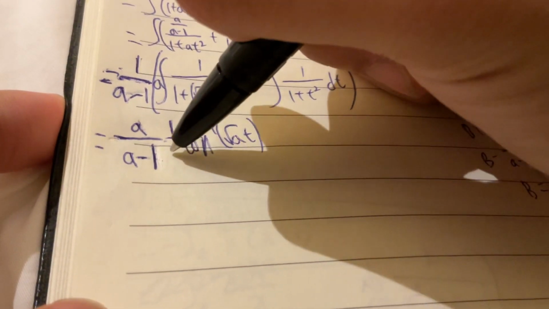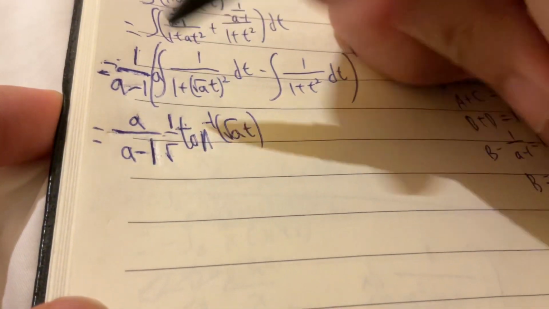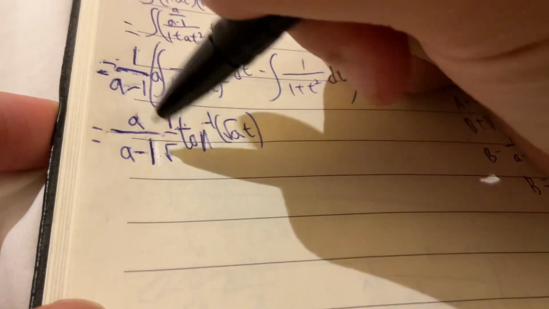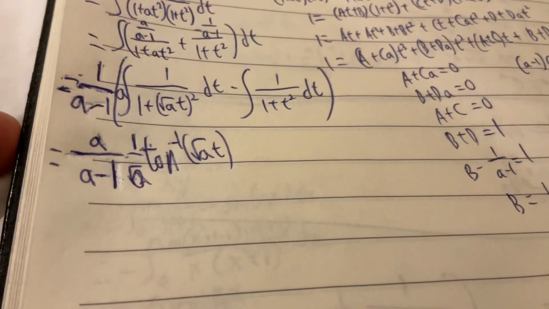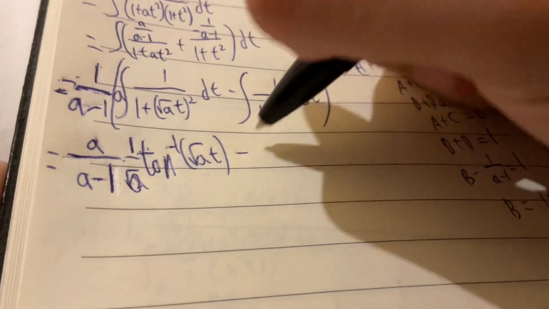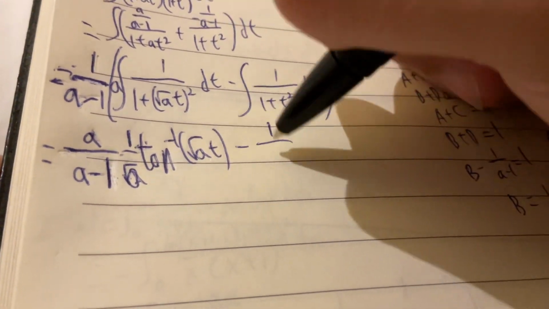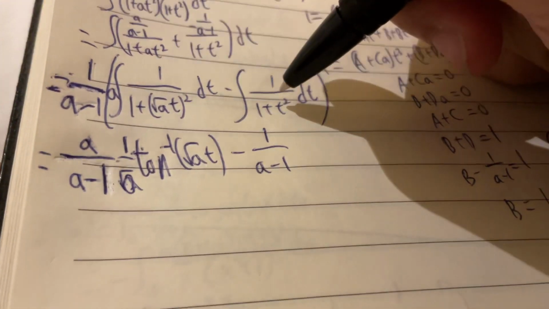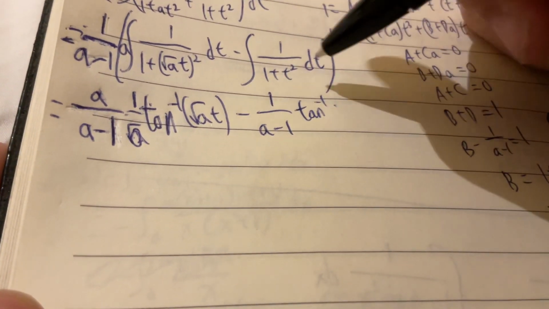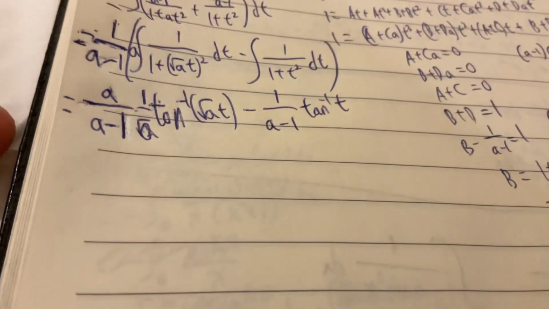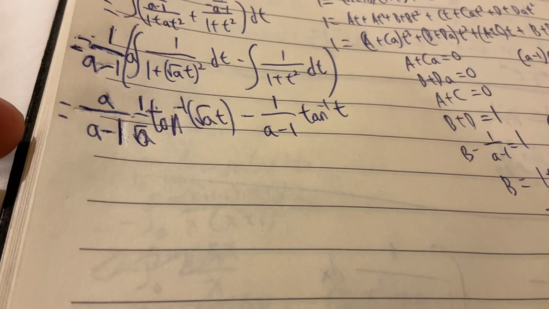In an integral, you're going to do it backward, right? Unlike the derivative. Square root of a. And this here, minus 1 over a minus 1, and then multiply by inverse tangent of t, right? Because it's in terms of t. I think that's our answer.